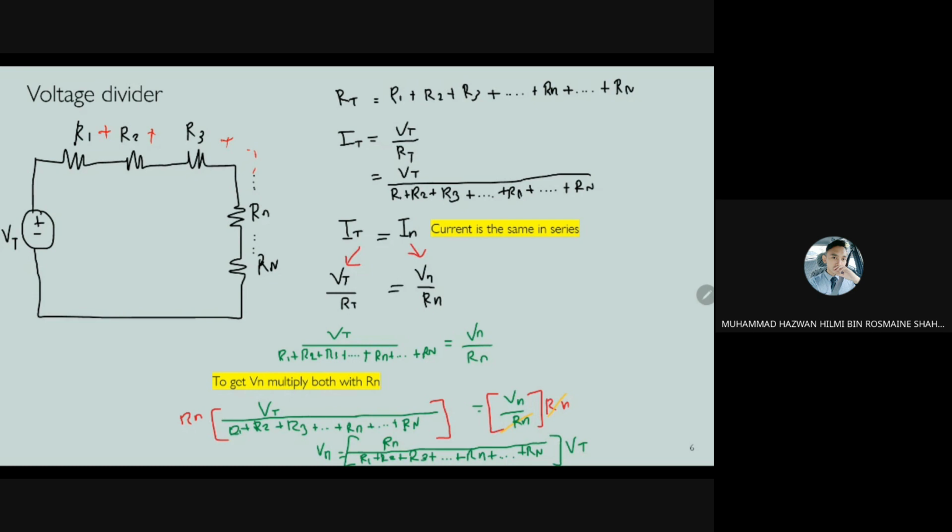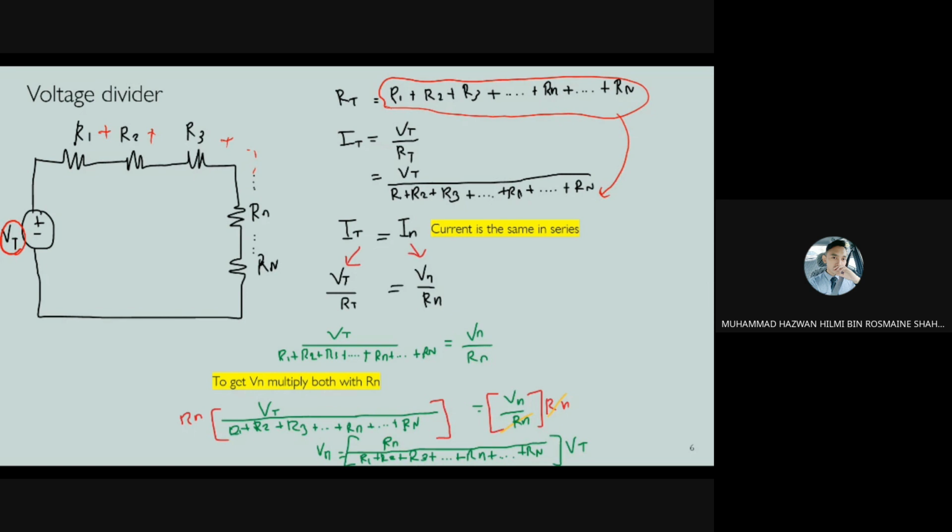So I total equals the total voltage, which is the voltage supply over here, over R total. If you have many R connected in series, you just need to put them all over here. So VT over R total.